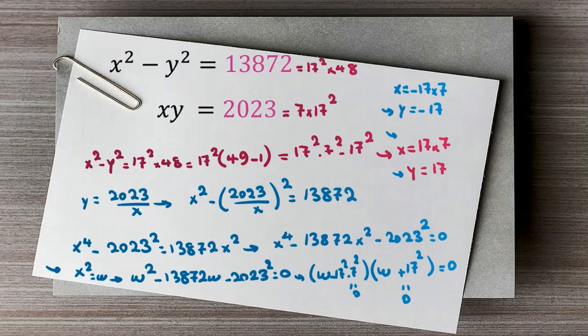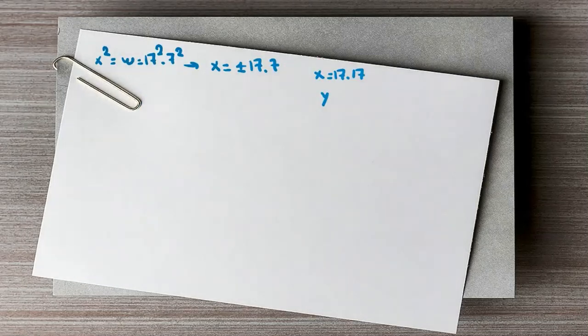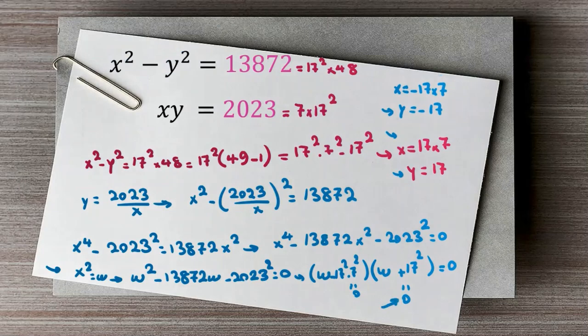It satisfies both equations, these two answers. So x equals 17 times 7, which is 119, y equals 17, and x equals negative 119, y equals negative 17. So these two answers we found.